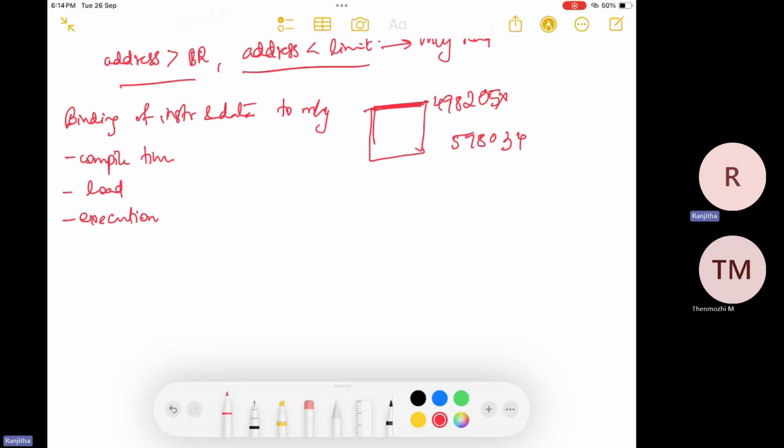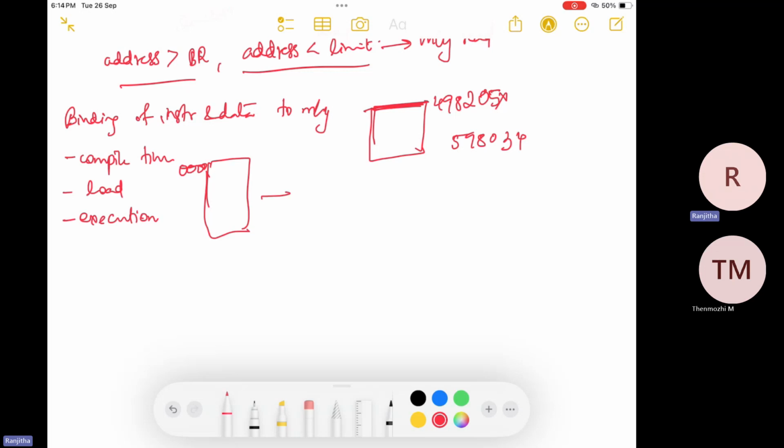In case of load time binding, the compiled code will always have memory addresses starting from 0. The compiled code will have the instructions aligned starting from 0.